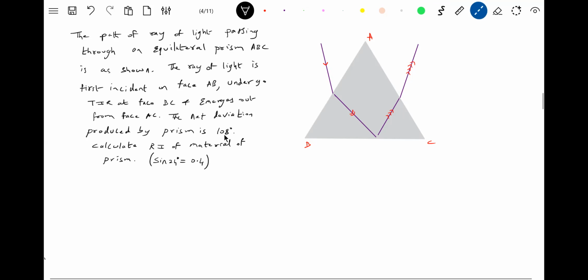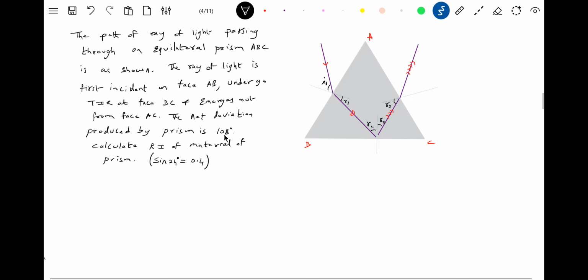Okay, let's start with this. This is a normal, this is a normal, this is a normal. Okay, agreed. So let this be the angle of incidence I1. This will be R1, R2, R2.